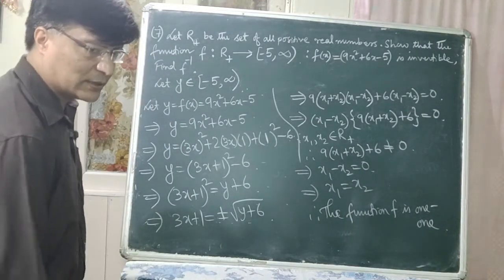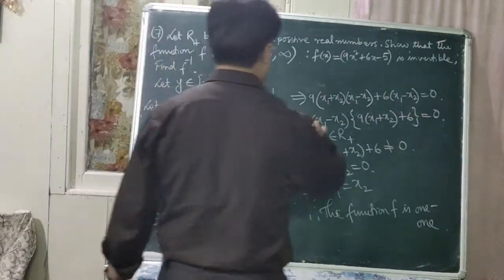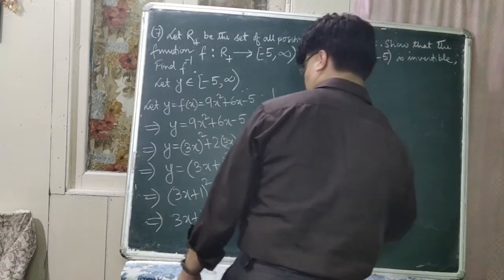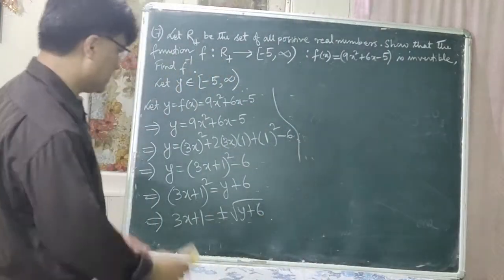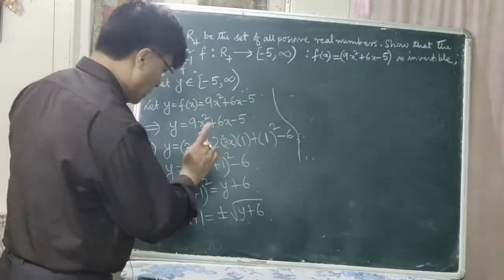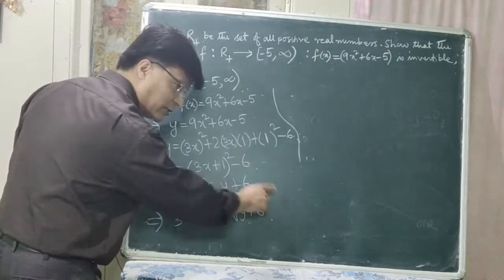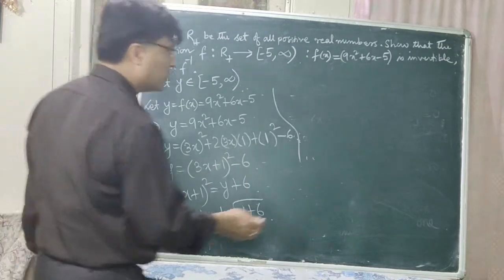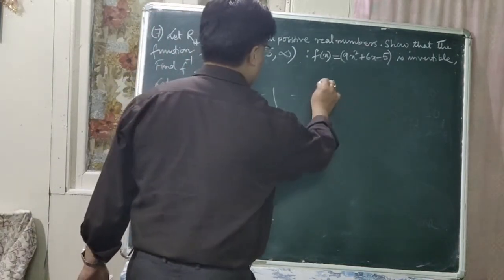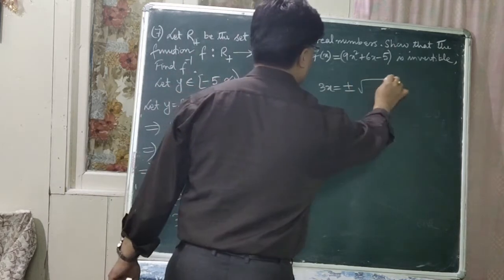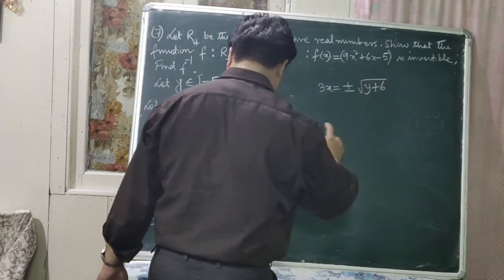I think you have understood it. Okay, next, but in this case, if you put the minus sign here and take plus 1 to the right hand side, you will get 3x is equal to plus minus root over y plus 6.